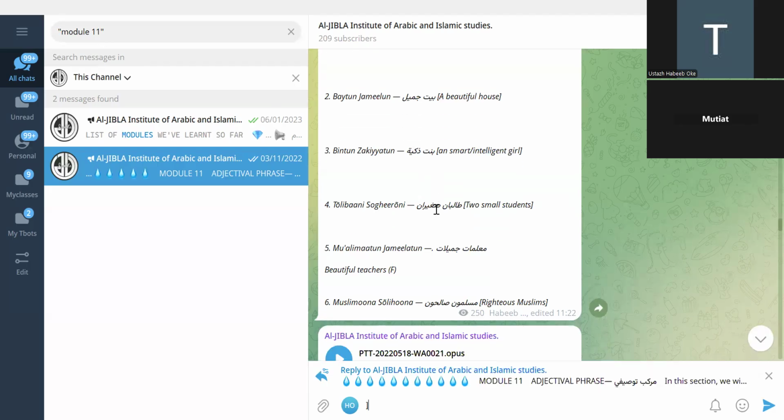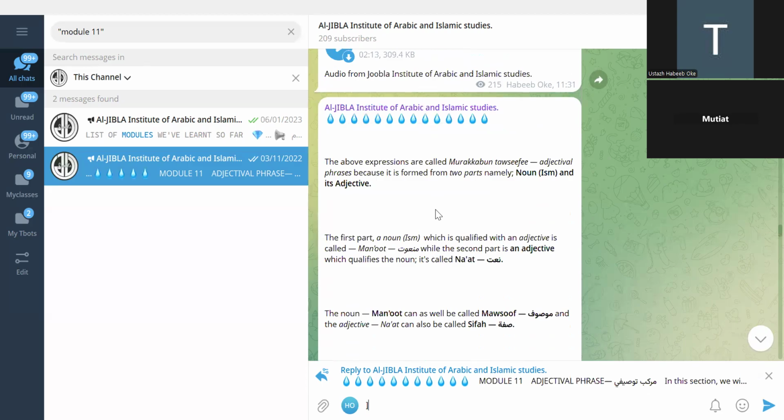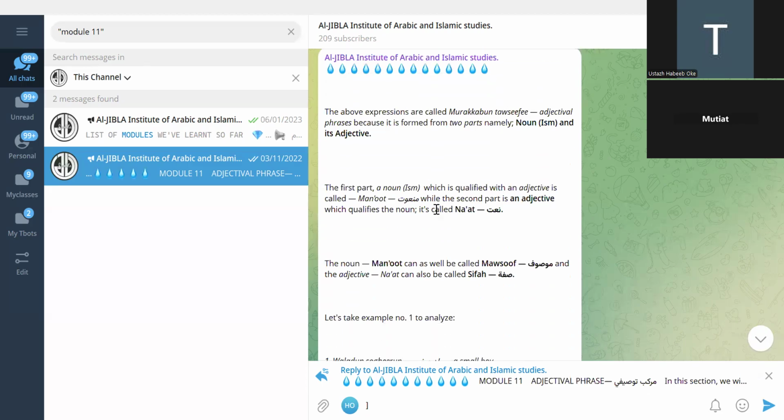Now, let's move on into more details. So we mentioned that the above expressions are murakkab tawsifi, adjectival phrases. Why do we say that? Because it is formed from two parts, namely the ism, the noun, and the adjective.